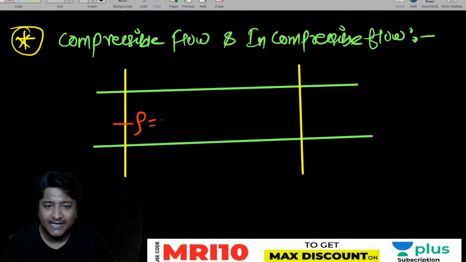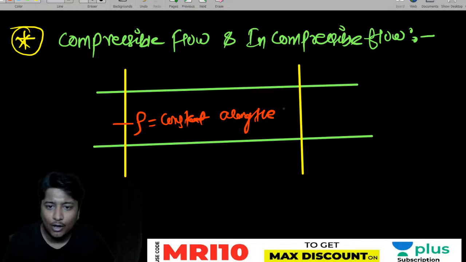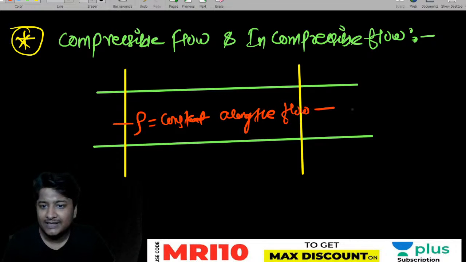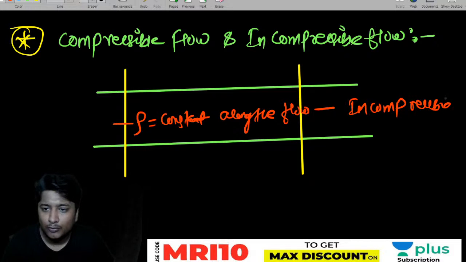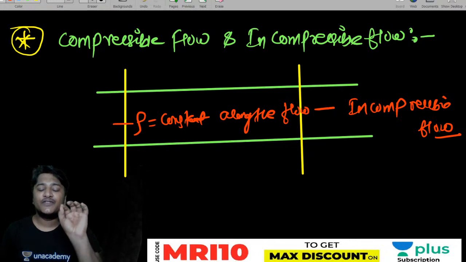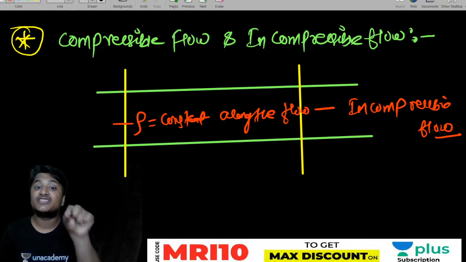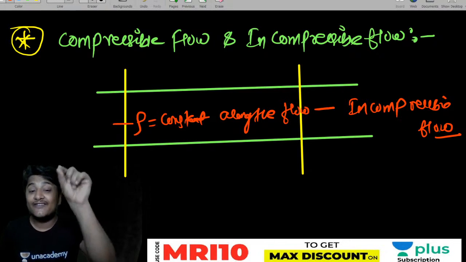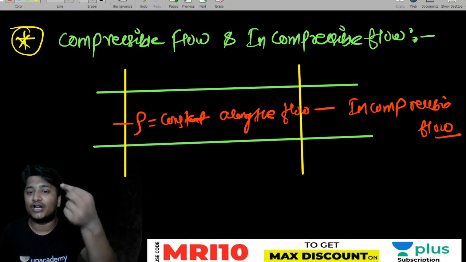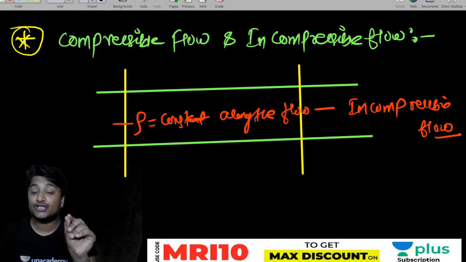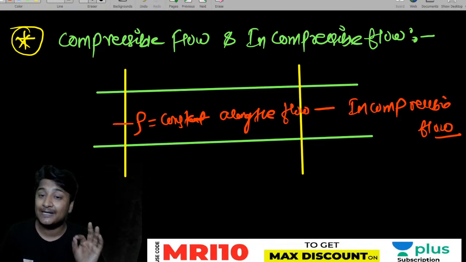Density is constant along the flow. That is nothing but incompressible flow. So incompressible fluid means a fluid wherein the density is not changing. That is nothing but what we call as incompressible fluid.